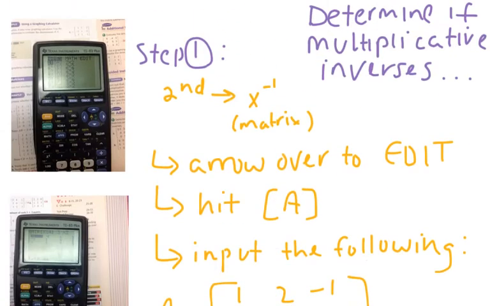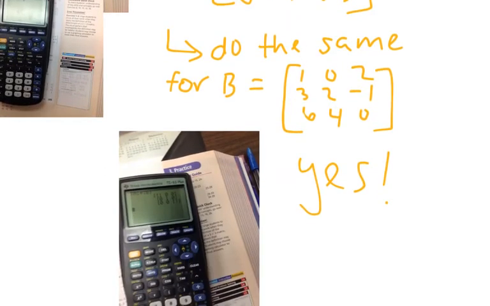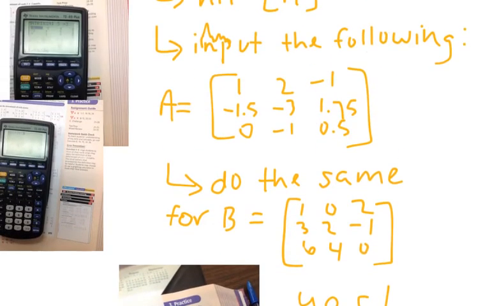Just to reiterate real quick, step 1, go to second inverse of x. Underneath it says matrix. Arrow over to edit. Highlight A and input your data. Do the same thing for B. Highlight B and input your data. Then go back to your regular screen as if you were to type in 3 minus 2.